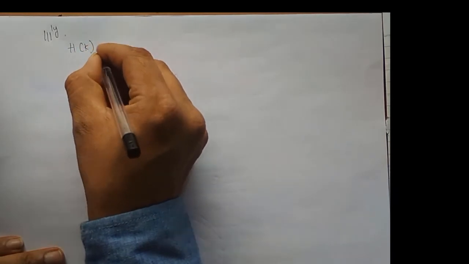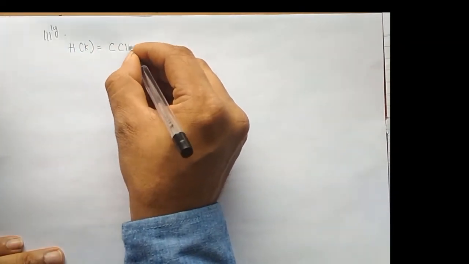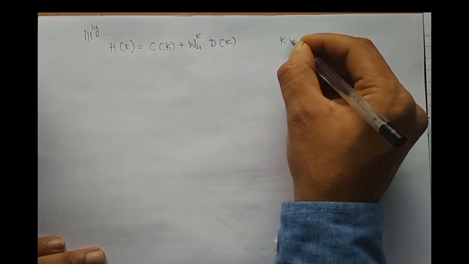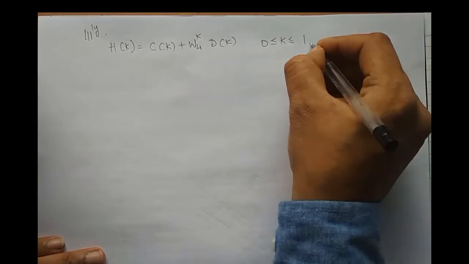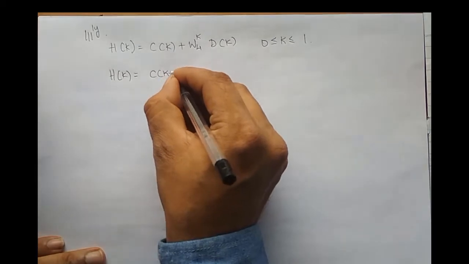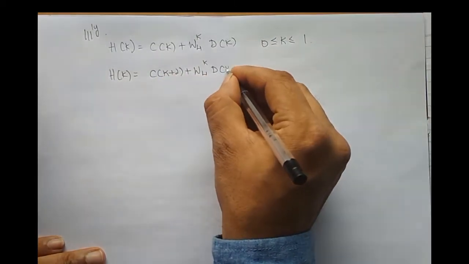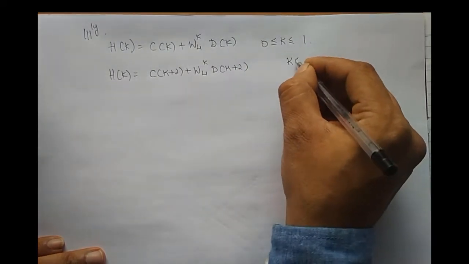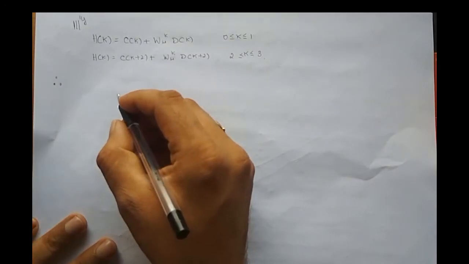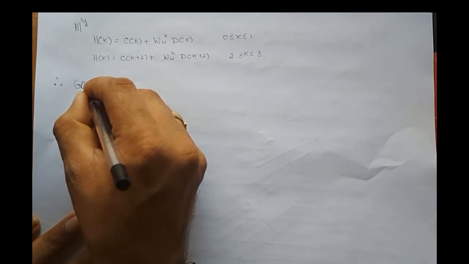H of k is equal to C of k plus W4 power k into D of k, for k varying from 0 to 1, and H of k is equal to C of k plus 2 plus W4 power k into D of k plus 2, for k varying from 2 to 3.